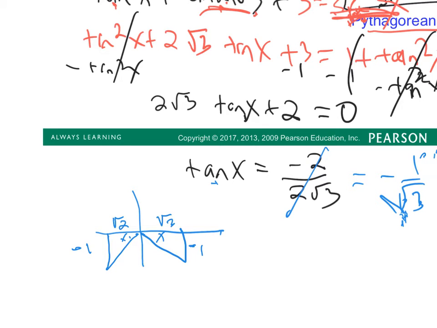So if you're paying attention and you write your signs now, I realize that this one in quadrant 4, tangent is negative. But tangent is not negative in quadrant 3. It's got to be in quadrant 2. 1, negative square root of 3, and that's a 2, and that's a 2.